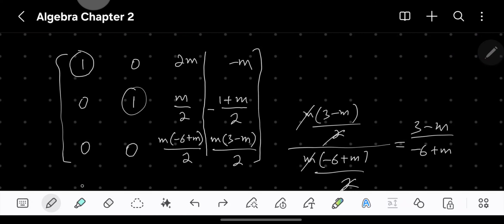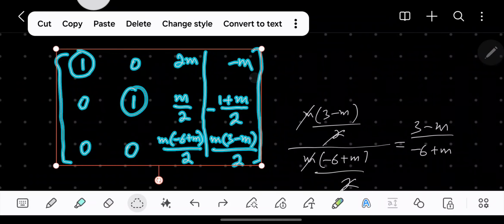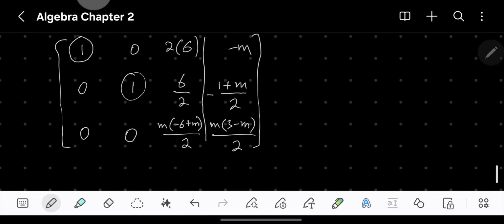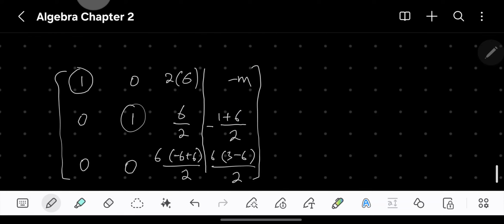This is the matrix where I have to put m is equal to 6. Okay, let's put m is equal to 6 everywhere. Here also minus 6 plus 6. Here also minus 3, 3 minus 6, and minus 6.